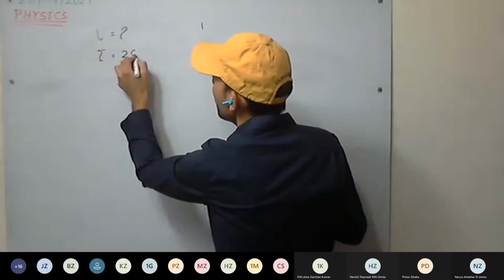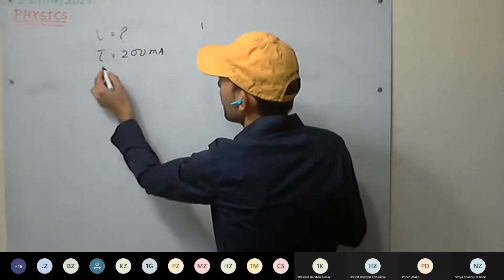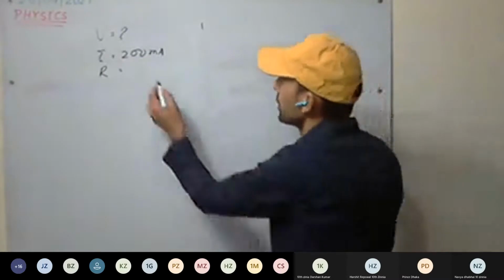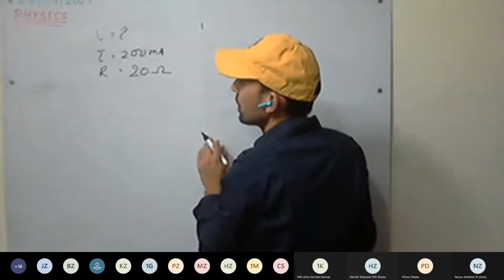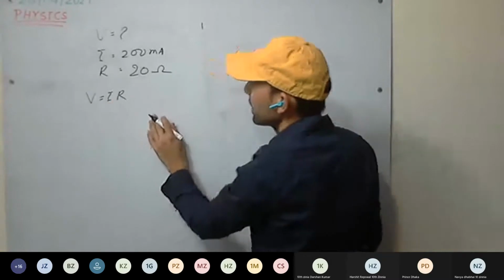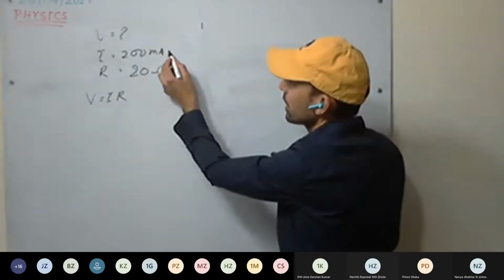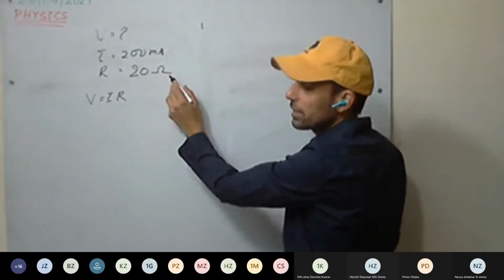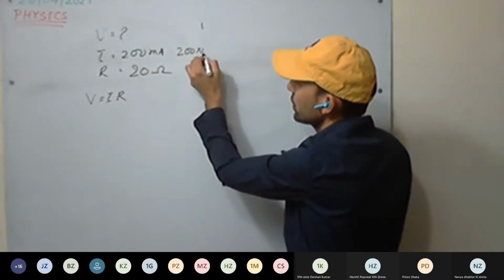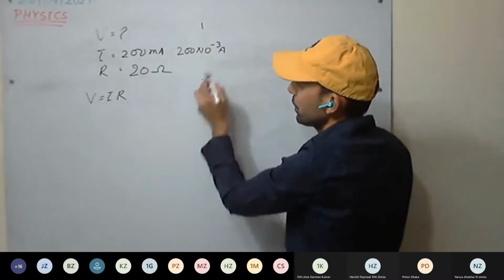200 milliamperes. Resistance is given as 20 ohms. So how are they related? V equal to IR. See here, current and resistance must be converted into SI units. 200 into 10 raised to power minus 3 ampere.